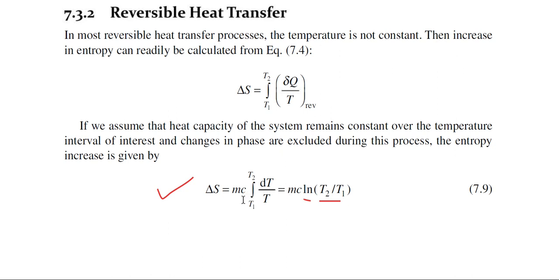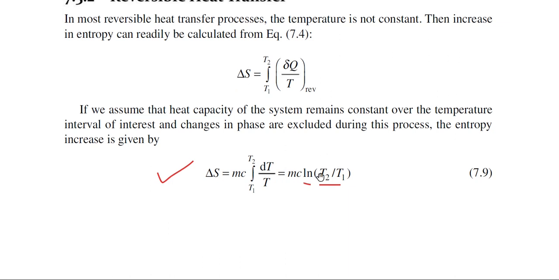Now, if the heat capacity is constant, then we can take the heat capacity outside of the integral. So, this is m c integral from T1 to T2 of dT by T, so m c ln T2 by T1. This is the formula of the entropy change delta S. This formula will be used while solving some numerical problems.